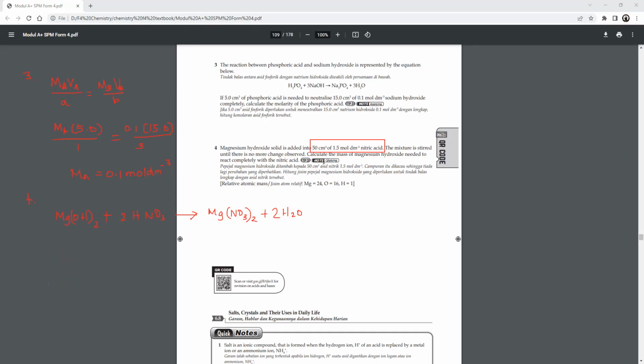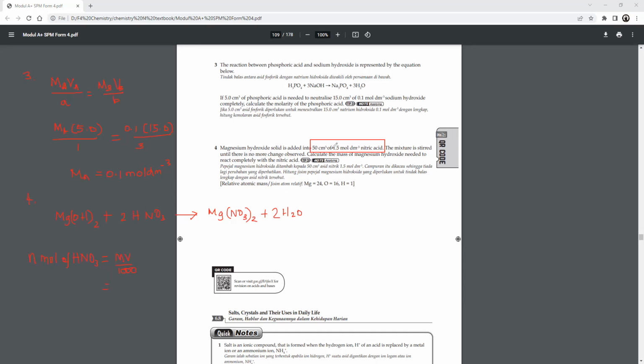Now, what I want is, now this one is number of mole, right? I don't want to use a formula to do, because this one normally we cannot use a formula, right? So number of mole of nitric acid, HNO3, is equal to MV over 1000.